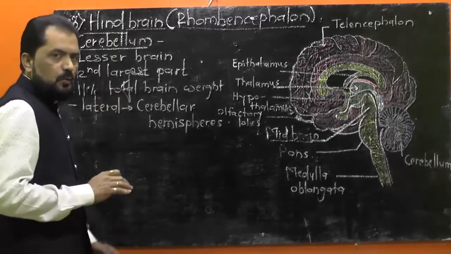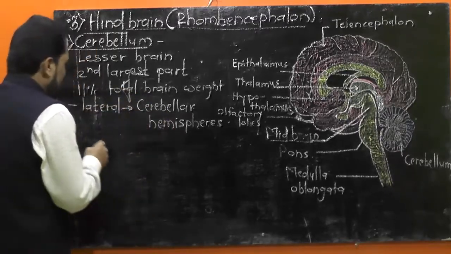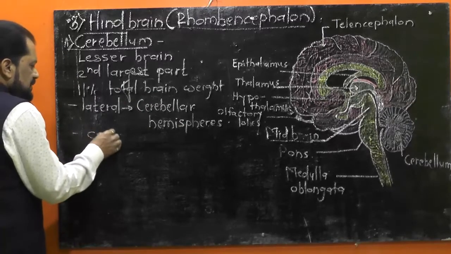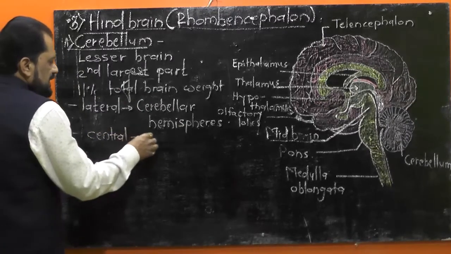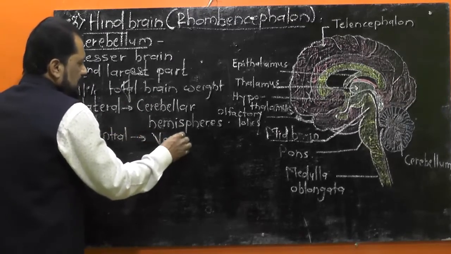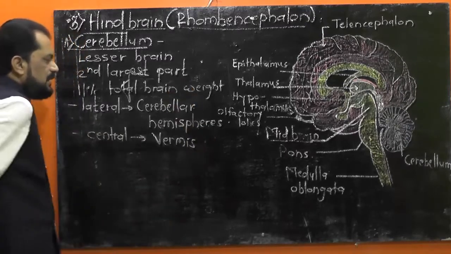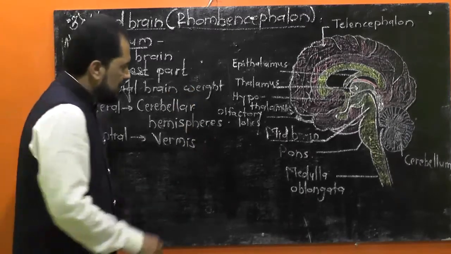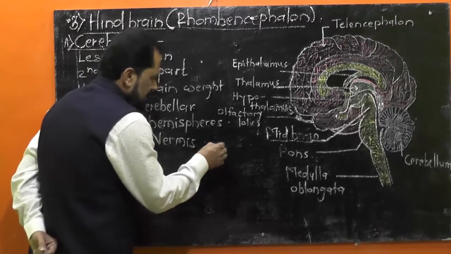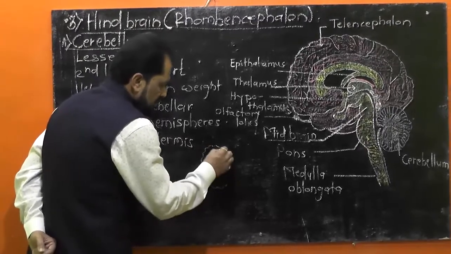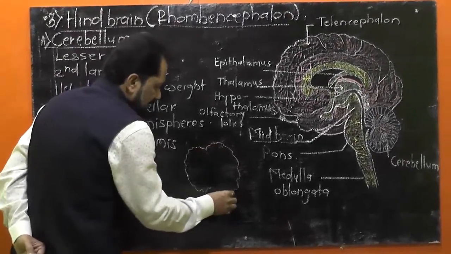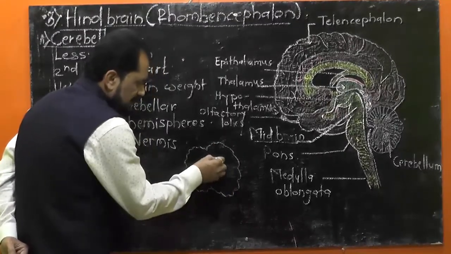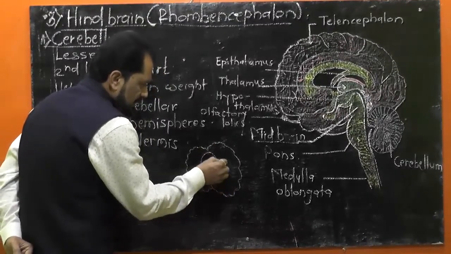Cerebellum चे 2 अर्धगोल which are present laterally and centrally placed vermis. Centrally placed part is known as vermis. मध्यभागी असलेला भाग vermis. Please look at the diagram. Consider these are supposed to be the 2 cerebellar hemispheres present along the lateral side and here is the vermis.